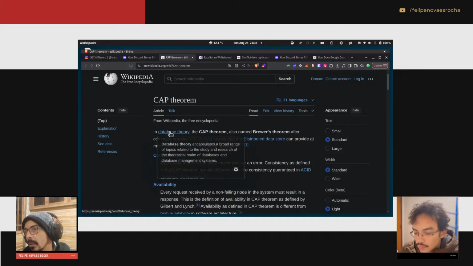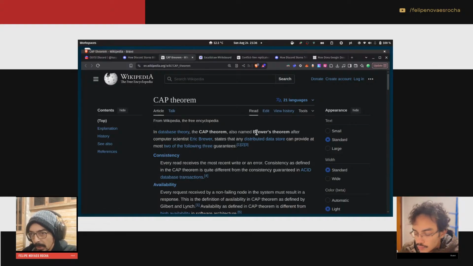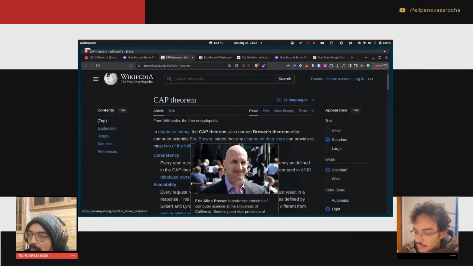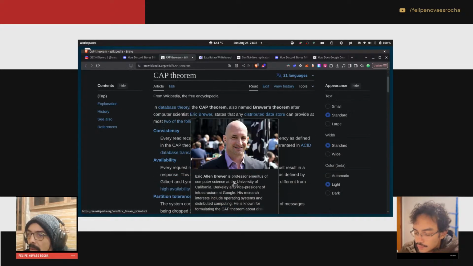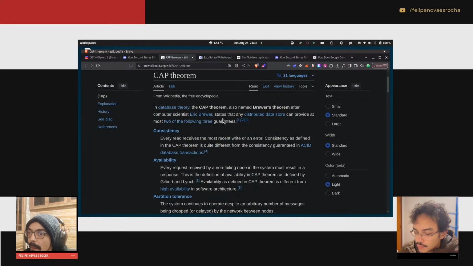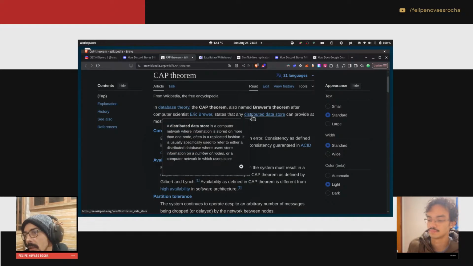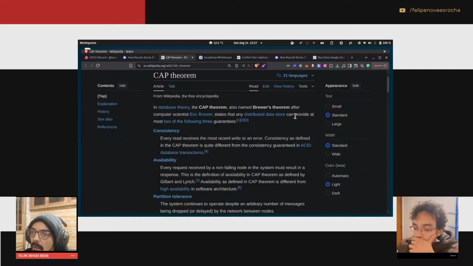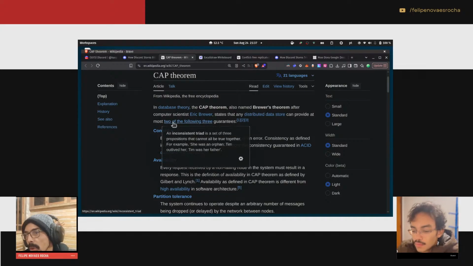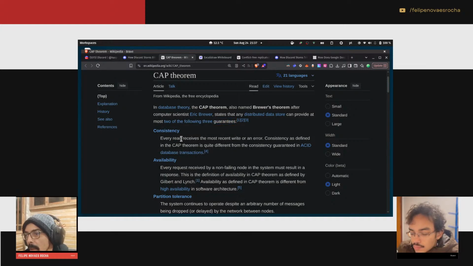In database theory, the CAP theorem, also named Brewer's theorem, states that any distributed data store, which means a distributed database, can provide at most two of the following three guarantees. Consistency: every read receives the most recent write or an error.